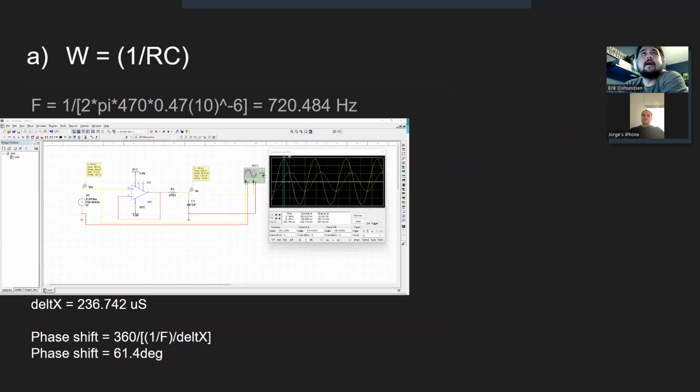For A, the frequency came out to be 720 hertz. The delta was 236 microseconds, and the phase shift from those two values came out to be 61.4 degrees.